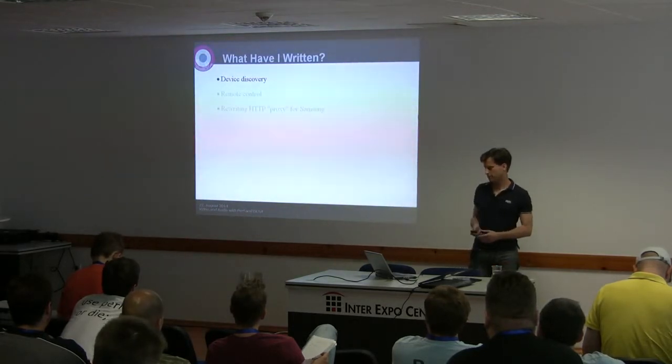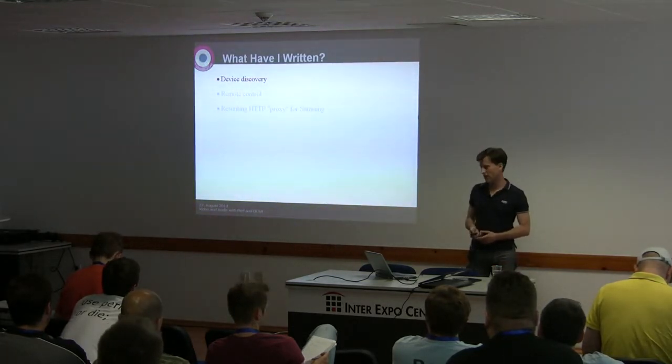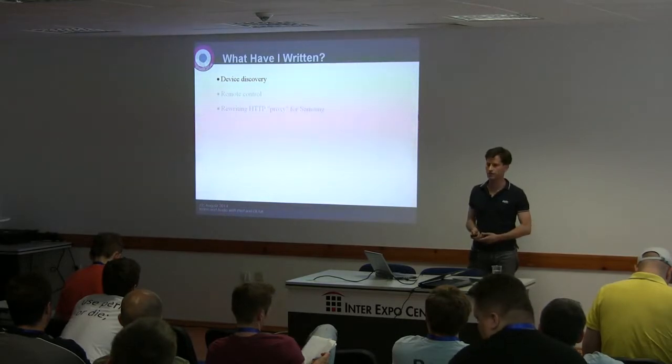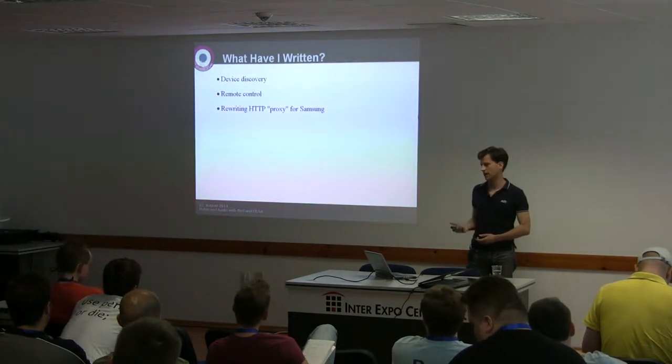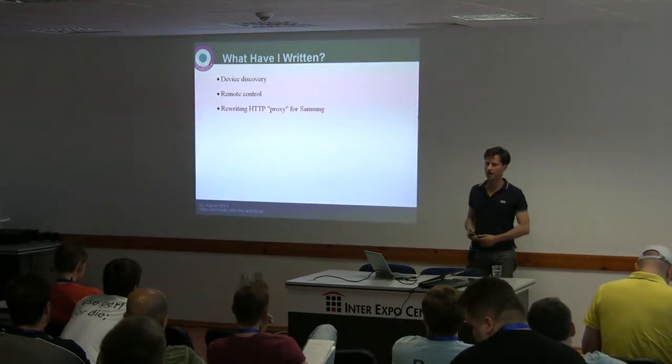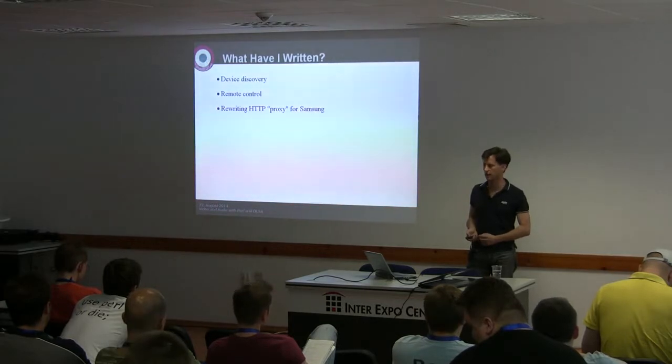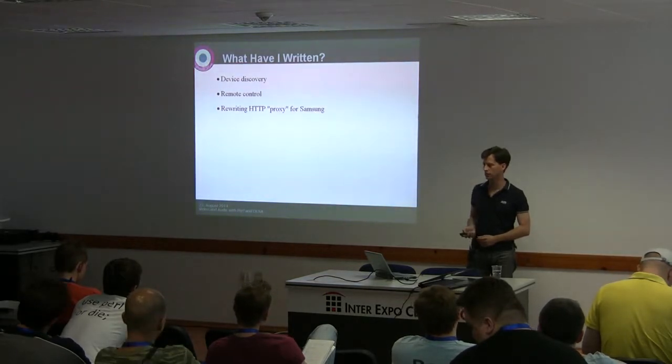So the next script implements device discovery, as we've already seen, then remote control of a DLNA device, and also the nasty rewriting of the headers so that the Samsung TV is happy.